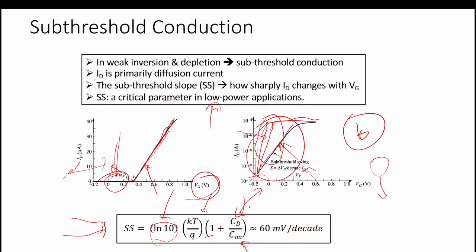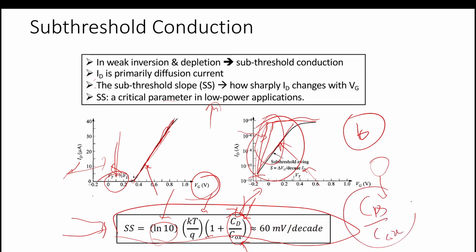This can be minimum when Cd/Cox is minimum, approaching zero.